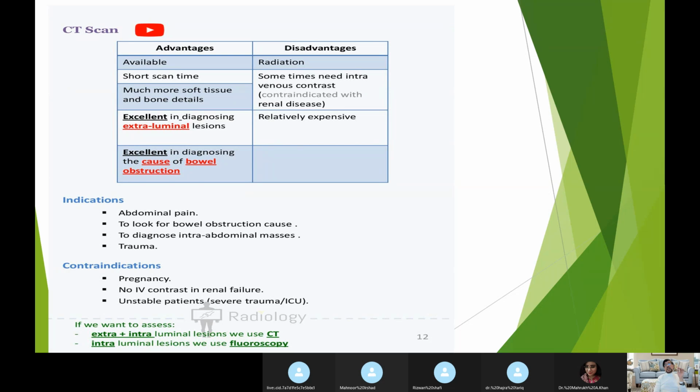Second, it's more related to the soft tissue. So we can see the cerebrum, we can see the ventricles, we can see the bony details, and those are more clear. It is excellent in diagnosing extraluminal lesions, excellent in diagnosing the cause of bowel obstruction.